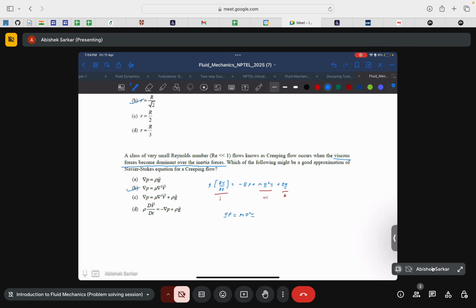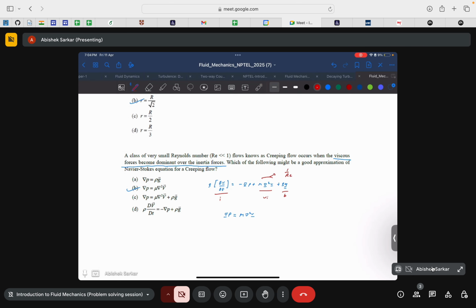Why? Because the ideal way of understanding this is by non-dimensionalizing the equations, which I'm not able to do for the sake of saving time. You will see that this term, especially the viscous term, will have a 1 by Re dependence, 1 by Reynolds number dependence.